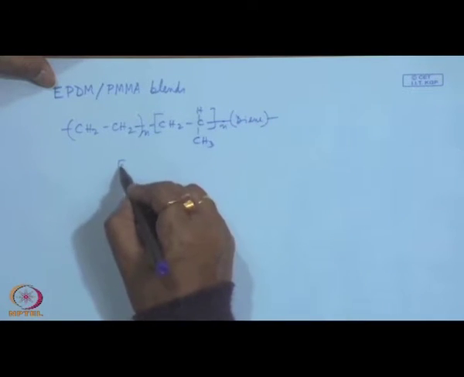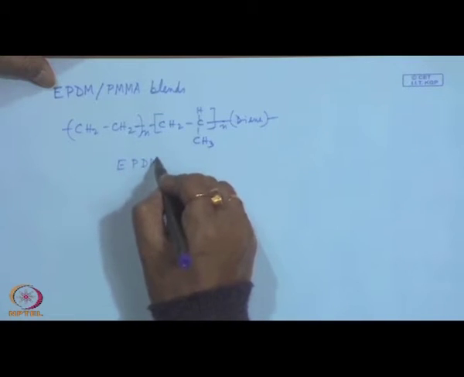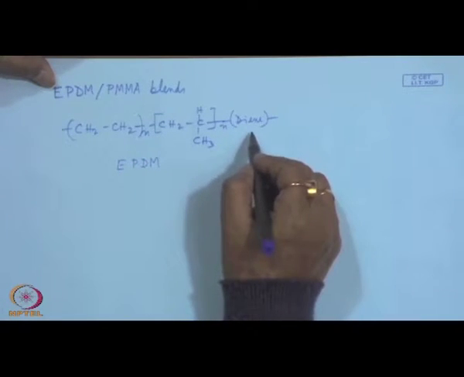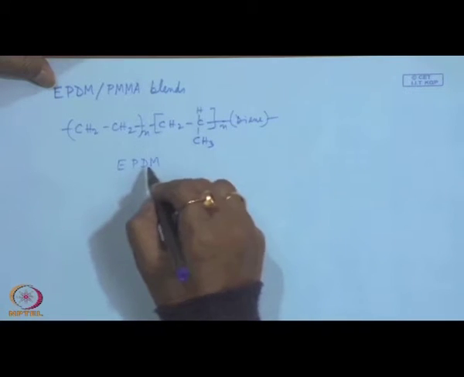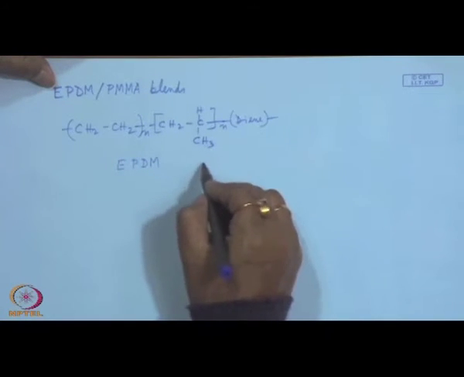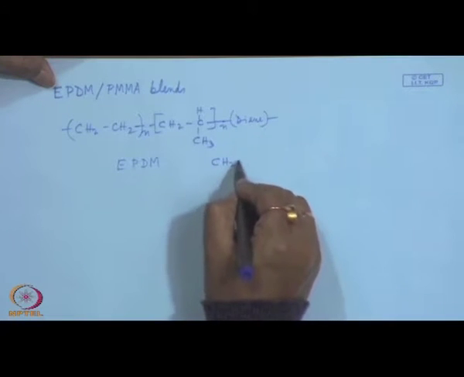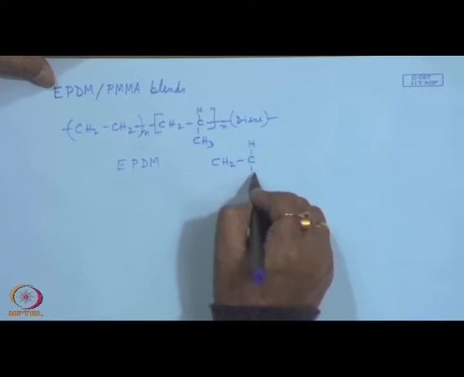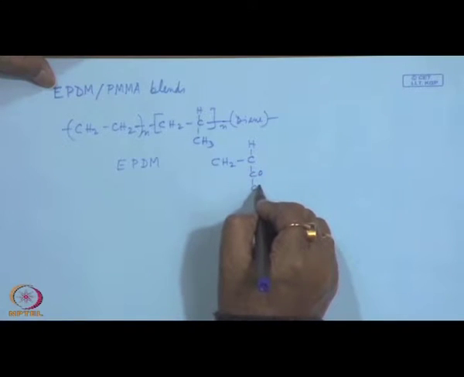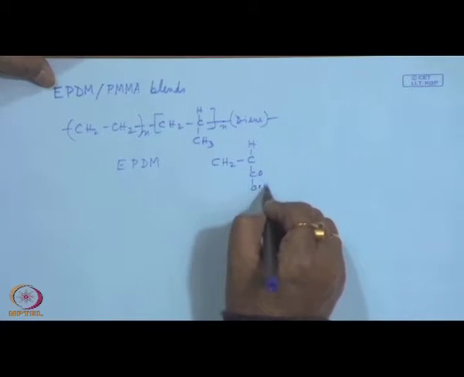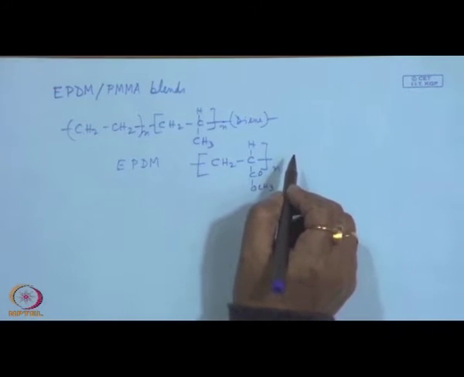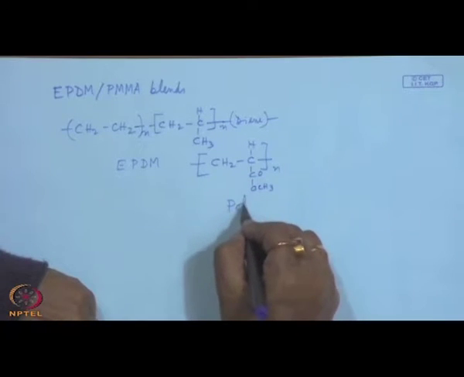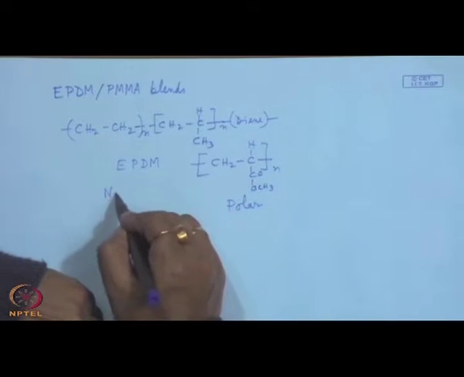So, this is EPDM. Diene can be ethylene norbornene, 1,4-hexadiene, so and so. So, this EPDM is a non-polar polymer, and PMMA is a polar polymer, and this is non-polar polymer.